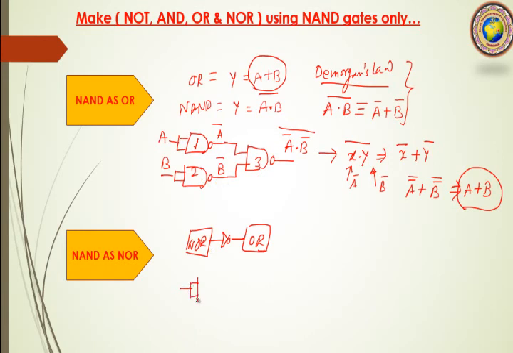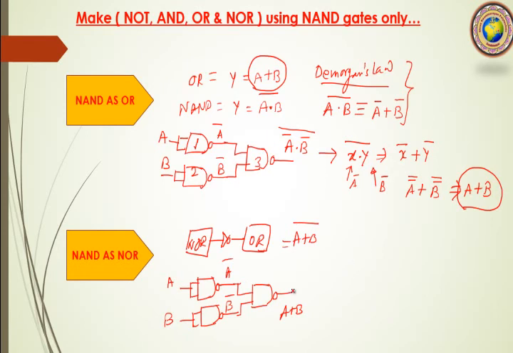This is our single input A bar, then B bar. So this is our A, B, and A bar, then B bar join together and make the first OR gate. So this is our A plus B OR gate, and we want to convert it into the form of A plus B bar.